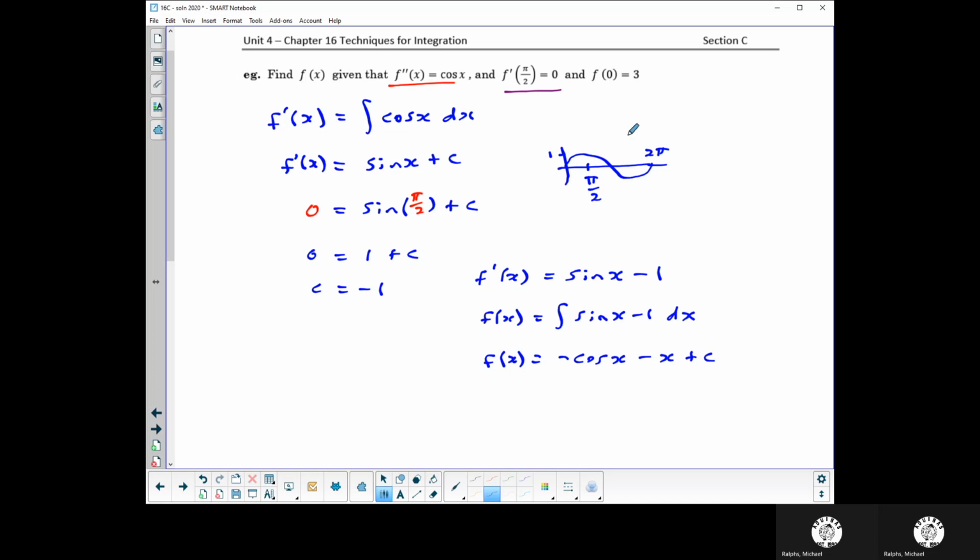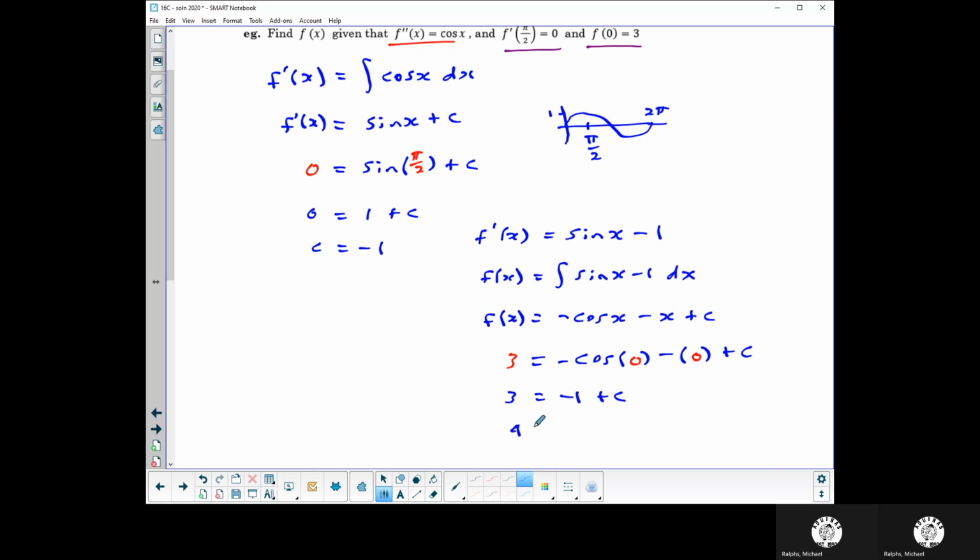And we know information about a point on that curve. So if we substitute in 0, we get the value of 3. So you get negative cosine evaluated at 0. And when we substitute that in, well, negative cosine of 0, we know that cosine of 0 from the other example was 1, so that gives us negative 1, and then minus 0 plus c.